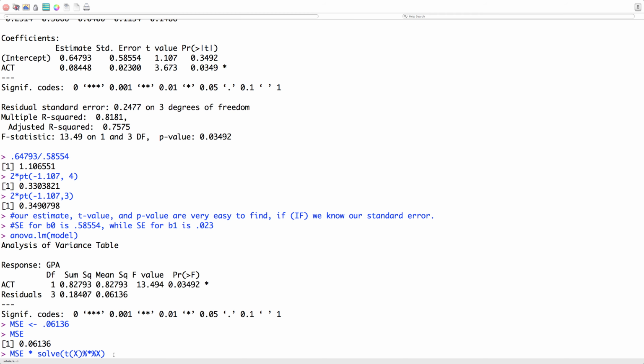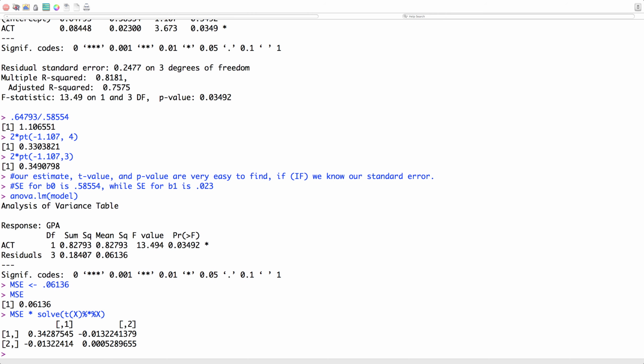Now, guys, what we're going to get here is a 2 by 2 matrix. And just like I said before, we expected these values, which are the covariance between beta 0 and beta 1, to be the same. And these values right here give us the standard error squared for beta 0, and the standard error squared for beta 1.